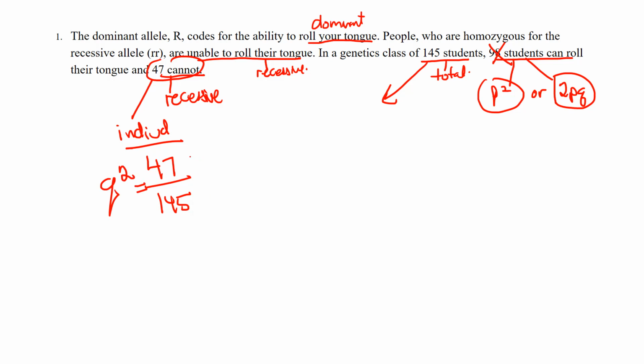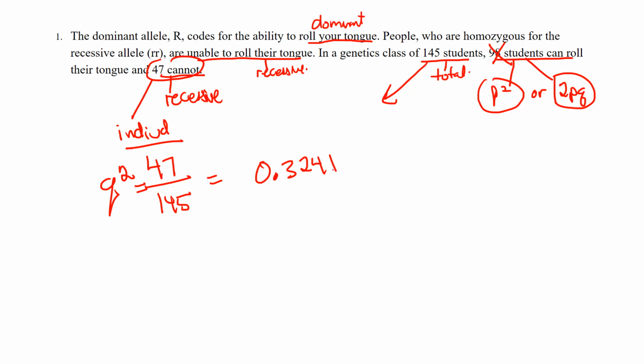Again, if it is a disease, trait, disorder, if you can't roll your tongue, yes, that is a trait. And because it's recessive, it's 2 Qs, Q squared, right? And when we figure that out, just looking at the calculator, we can see that it comes out to 0.3241. Now there's some other numbers. The rule is generally you don't round off in the middle of a question.